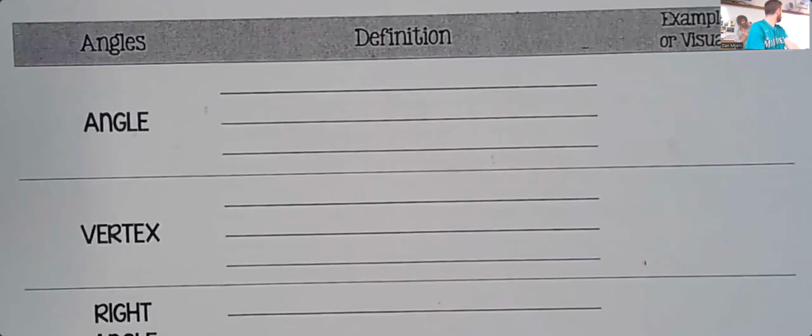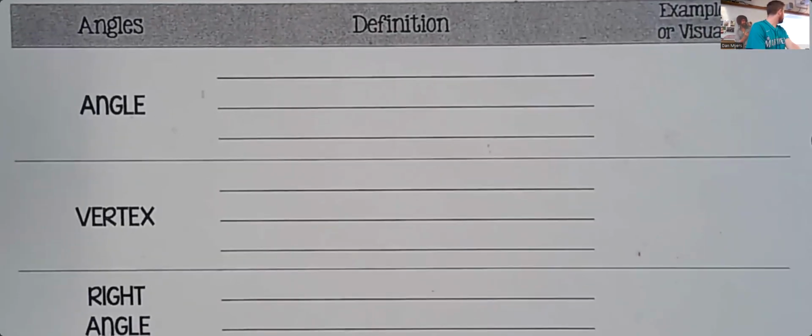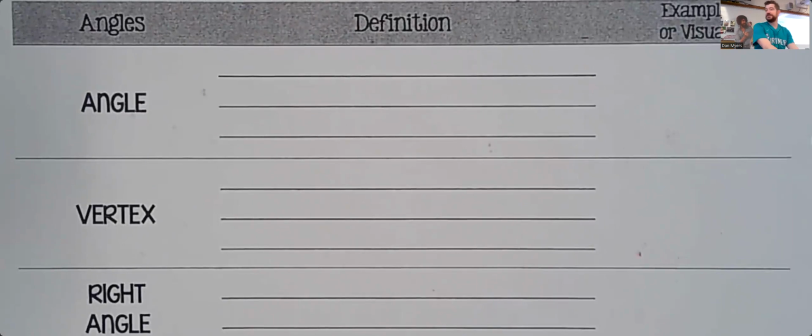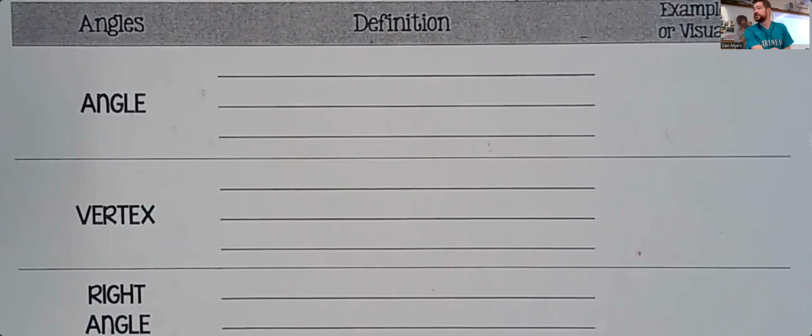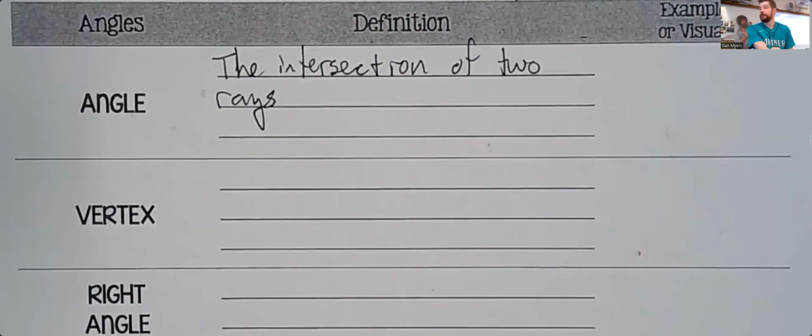Okay, angle. You all know what an angle looks like, but now we're going to learn how to actually visualize it and name it and all that kind of stuff. We'll spend a lot more time on this in our notes, so I'm going to be pretty quick with this. So an angle is the intersection of 2 rays at a single endpoint.